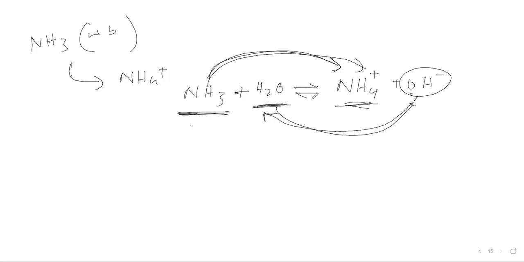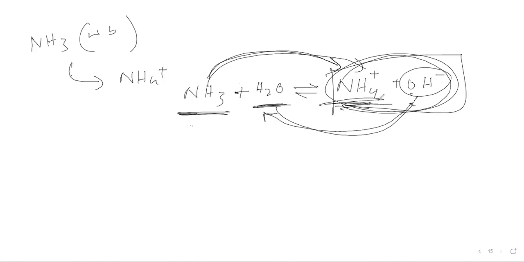This H2O. Now on the right hand side, what do we see? This NH4 plus has an excess of H plus. This NH4 plus is willing to donate a proton. The tendency for NH4 plus to donate a proton is very high, so it acts as an acid.